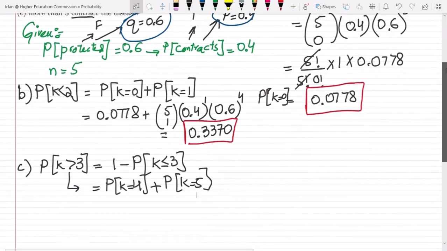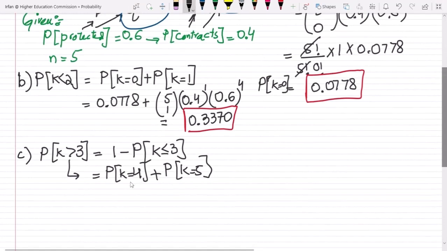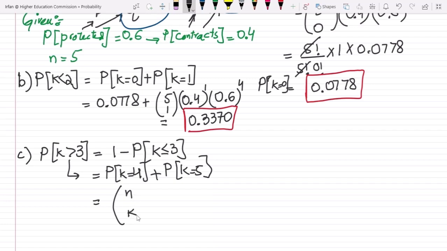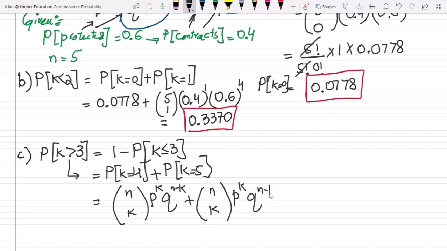Let me move down. Writing the values here, this is again the binomial probability law, so it would be n choose k, p to the power k, q to the power n minus k, plus again n choose k, p to the power k, q to the power n minus k. Writing these values, the value of n will remain the same, which is 5, while k is 4.